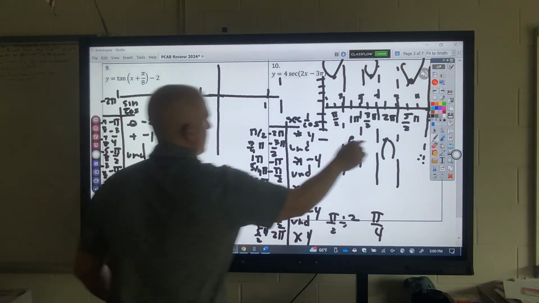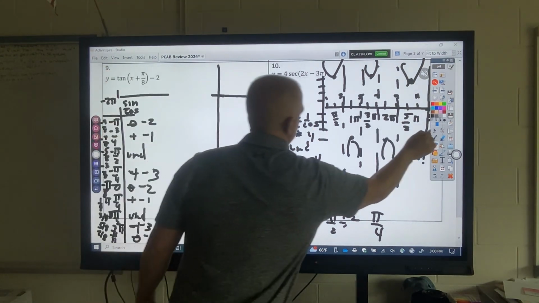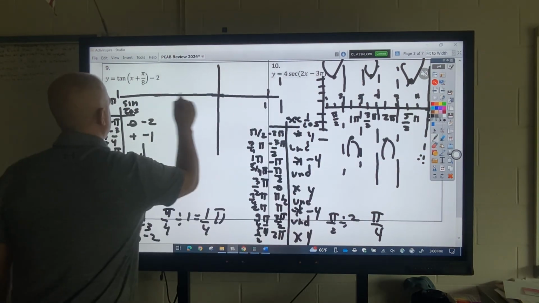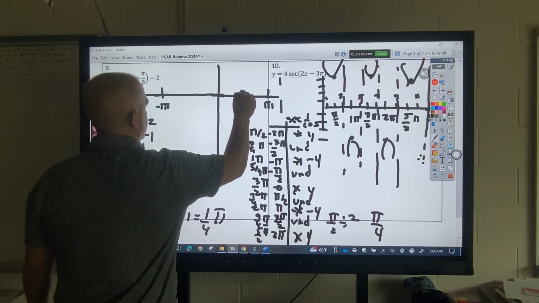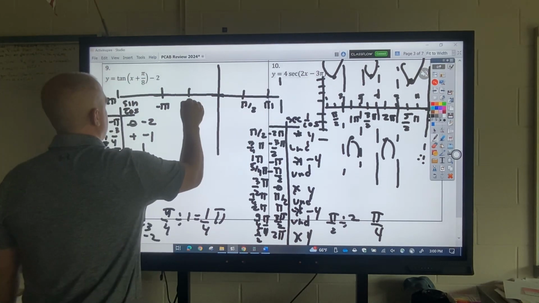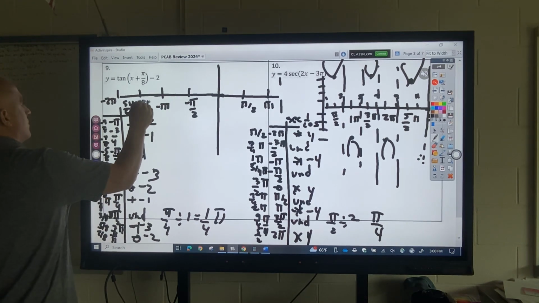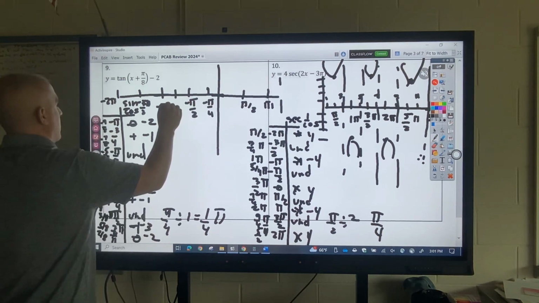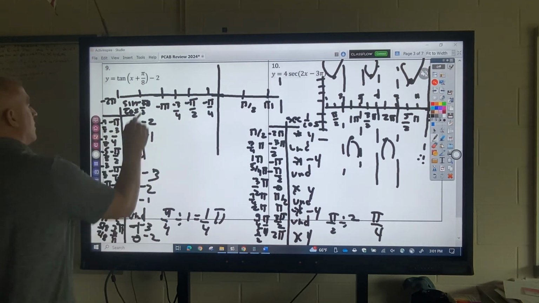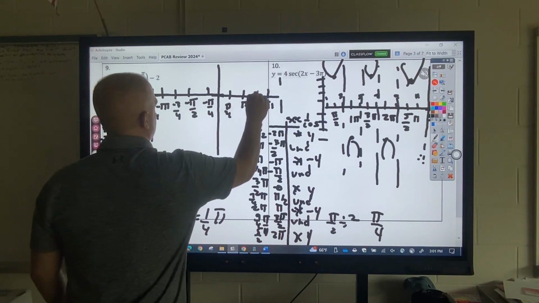Well, let's move that -1 over just a little bit. Okay, so it's 1 pi, so we'll go halves, pi/2, -pi/2, -3 pi/2, and we'll go quarters, -1/4, -3/4, -5/4, 1/4, 3/4.